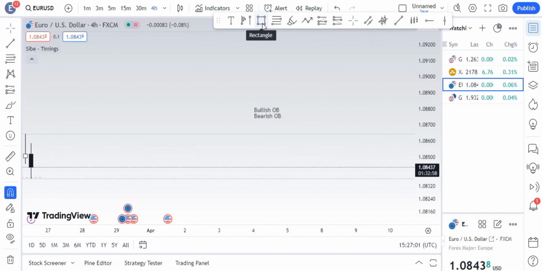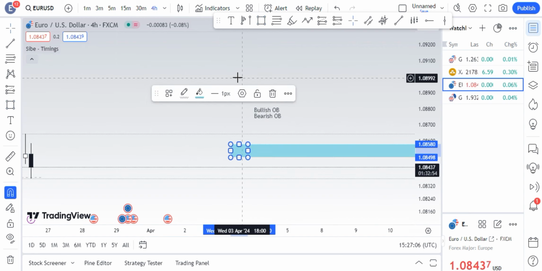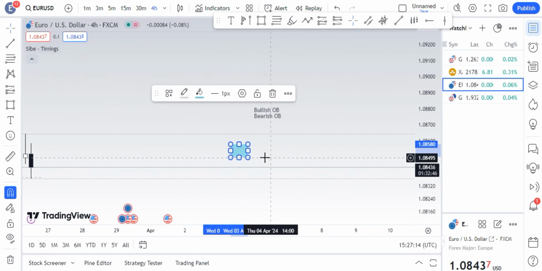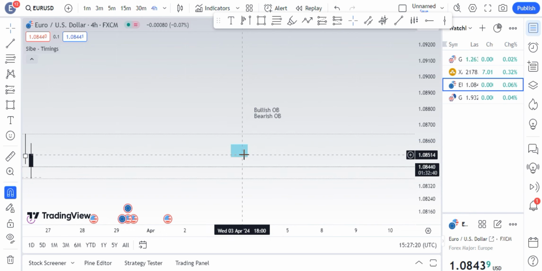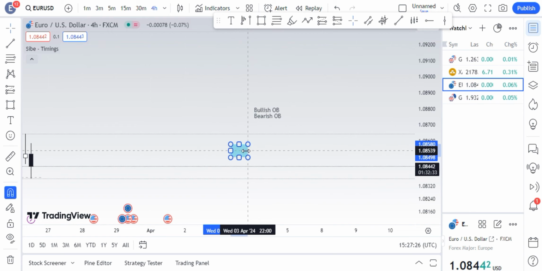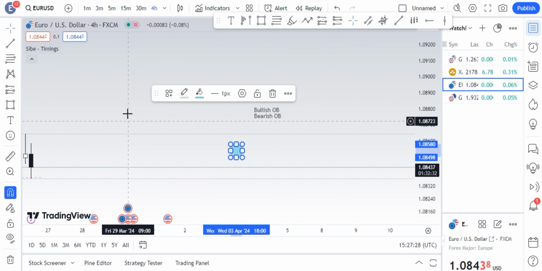Let me try and see if I'll be able to draw this right here. So let's just say this is our bullish candle, our bearish candle right here.